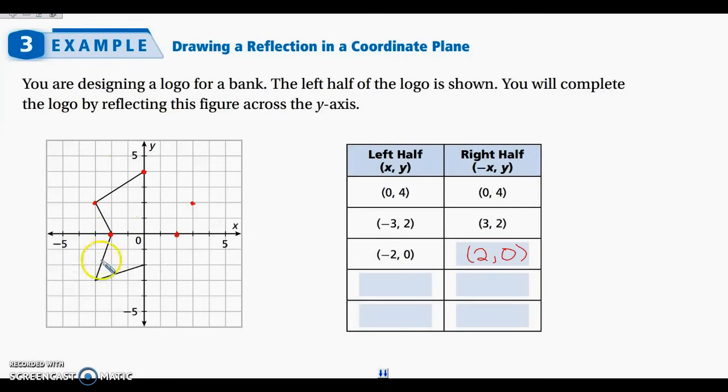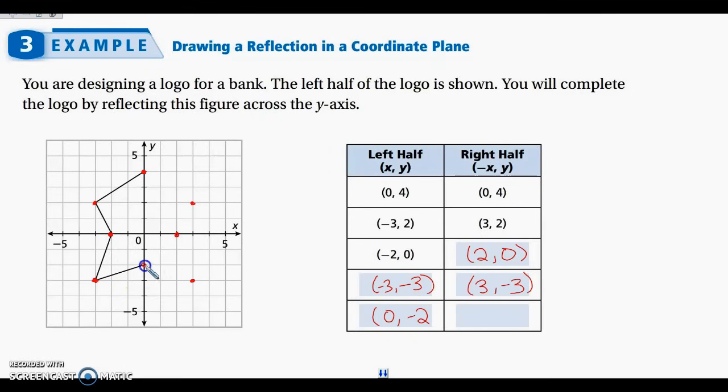Let's take a look at this point. This is (-3, -3). Again, all I'm going to do is negate that x value, so I'm going to go (3, -3), and that will be right here. The last point that we have is (0, -2).